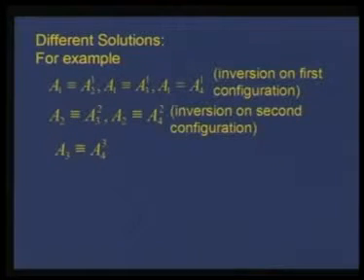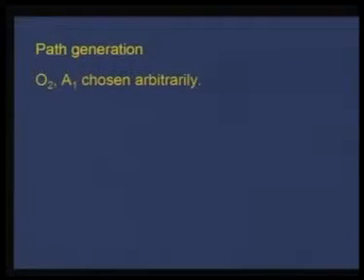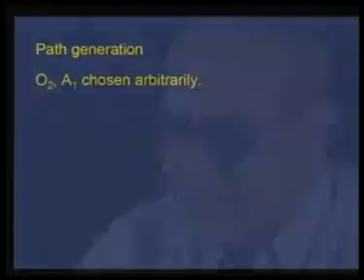Now we shall discuss this four position synthesis for a path generation problem. Previously, if you remember, we chose O2, O4 and A1 arbitrarily for three position synthesis. Of course, for four position synthesis, I cannot choose O4 arbitrarily because B1 was located at the center of the circle passing through three inverted positions of O4.